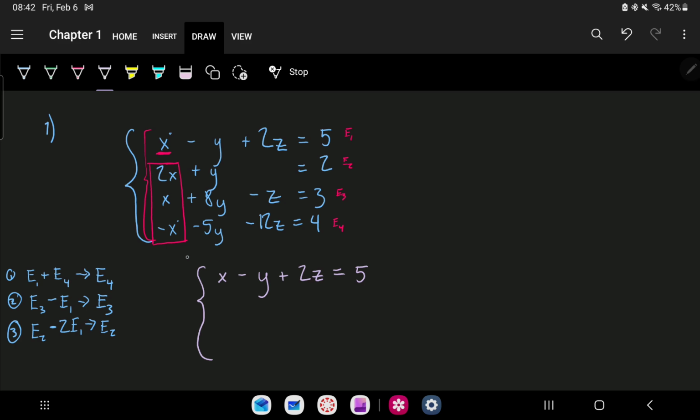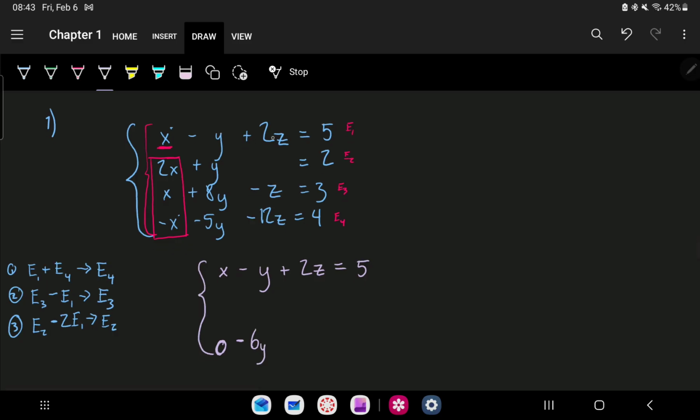Let's start at the bottom because that's going to be the simplest one. So x plus negative x is going to be 0. We have successfully eliminated that. In the same way, we have -1 minus 5, so I'm going to have a minus 6y, and 2 minus 12, which gives me a negative 10.